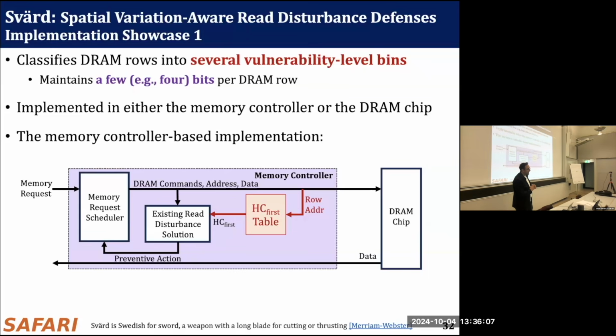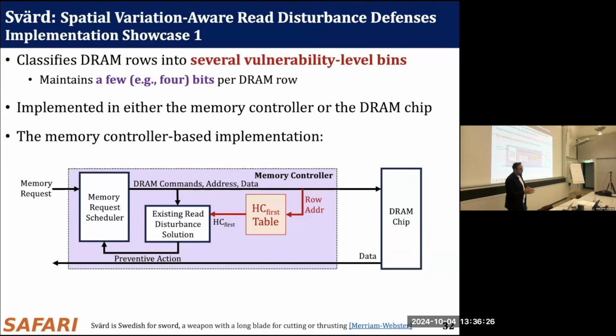Is a row's vulnerability relatively constant, or would it change with different data patterns or with time? So it changes with data patterns. That's part of the profiling process. Maybe I should repeat the question.